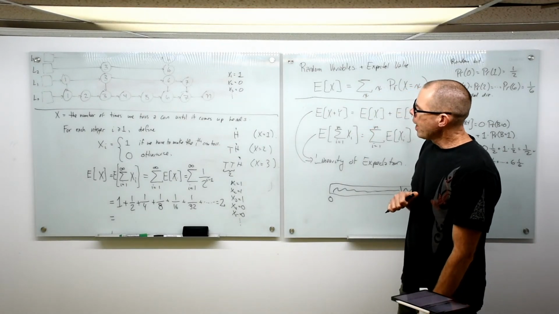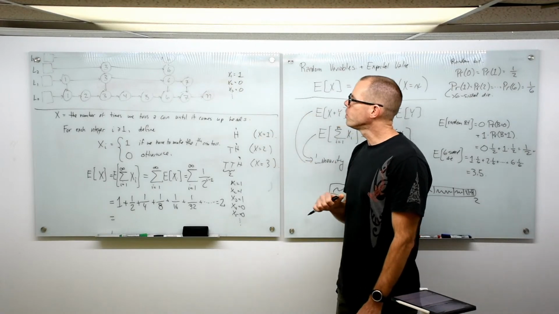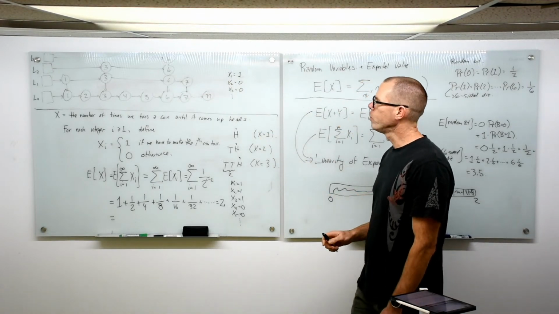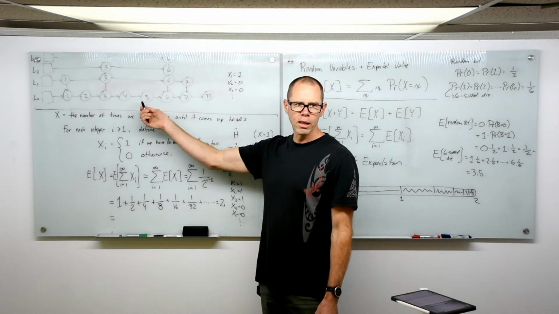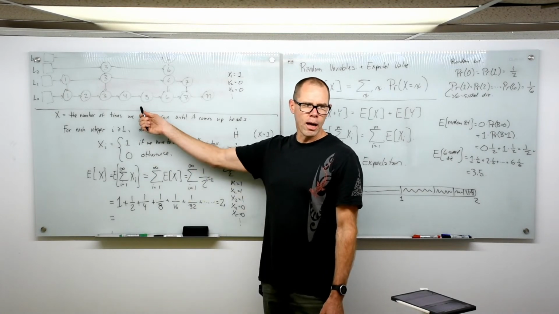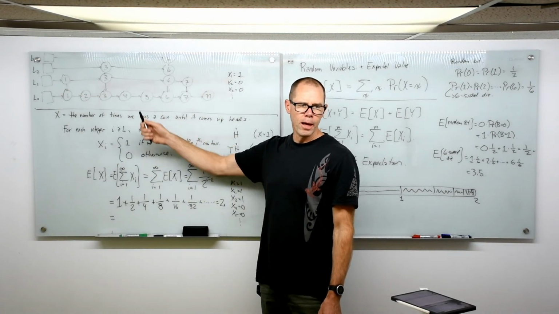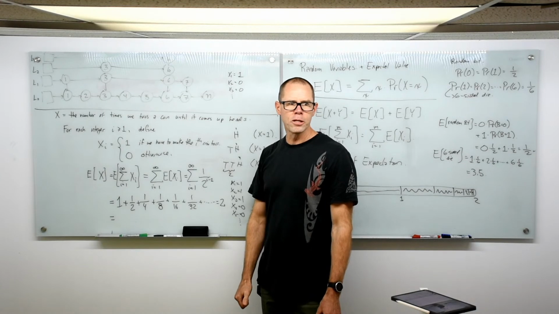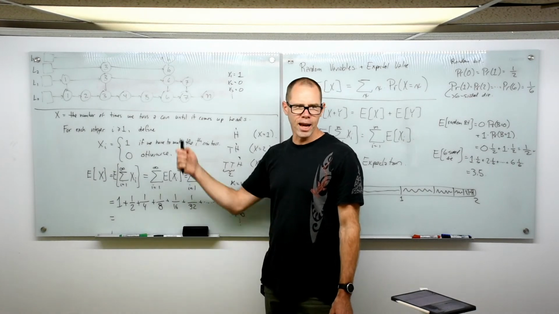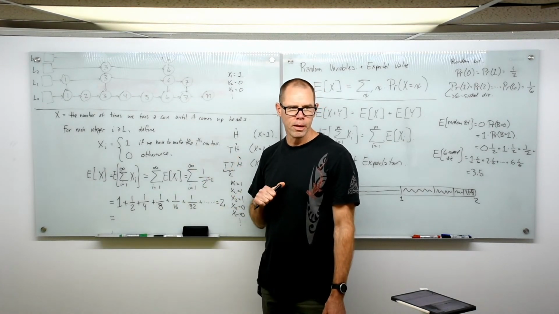Good. And what does that have to do with skip lists? Well, for one thing, it tells us if we just take a particular element in list 0 and say, well, what's the expected number of lists that that element participates in?